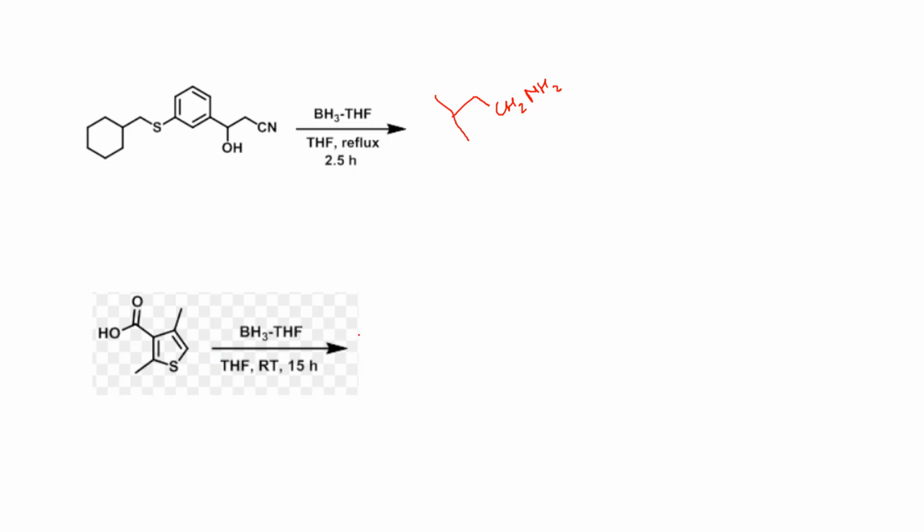Next is this one. There is an acid group, so the acid group will be reduced to give this primary alcohol, as our product.